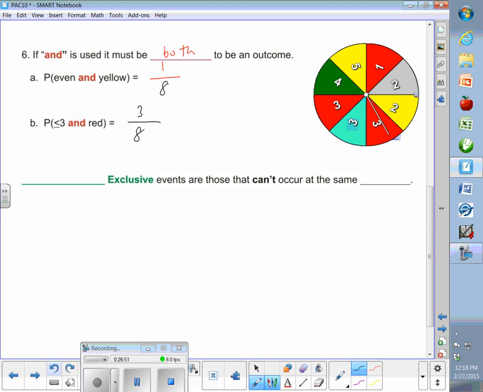All right, one other term here I need to give you. It's a pretty simplistic term. You may have heard it before, not knowing what it meant. It's the term mutually exclusive. Mutually exclusive events are those that cannot occur at the same time.